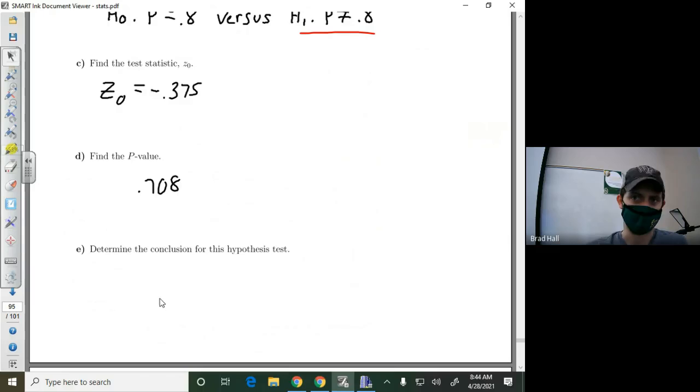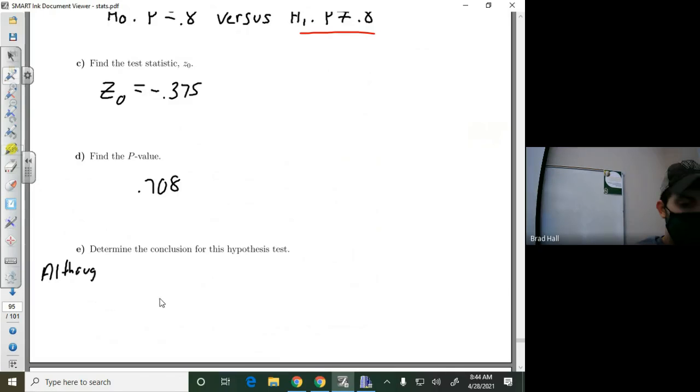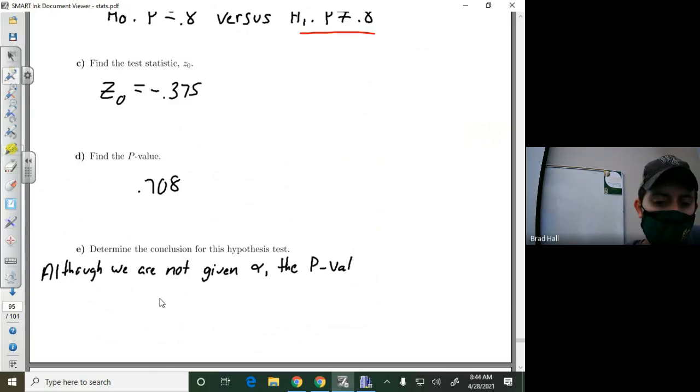There is a problem like this in your homework where they don't give you the alpha, but you have to conclude that although we're not given alpha, the p-value is large enough.